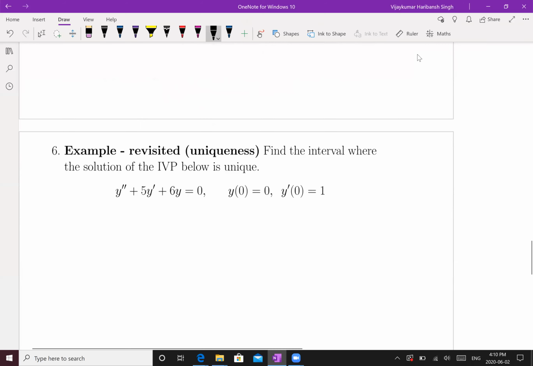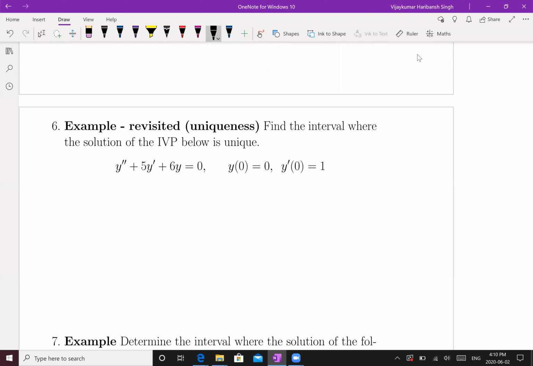So let's look at the following problem. Find the interval where the solution of the IVP below is unique. We have already seen the solution, the problem we have been working on throughout, which is e to the power minus 2t, e to the power minus 3t, based on the initial condition.